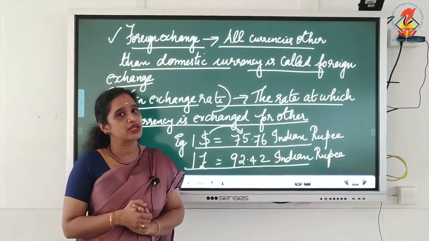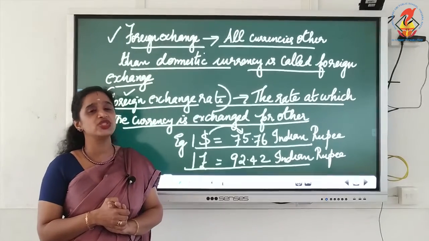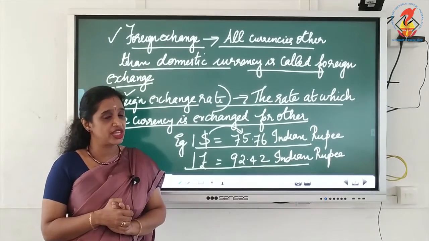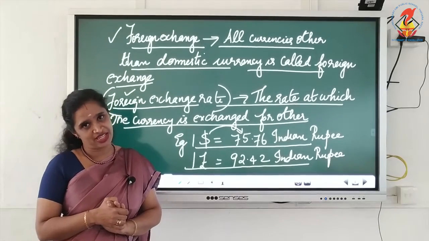So, I hope it is clear to you what is the relation between balance of payment and foreign exchange, and what is meant by foreign exchange rate and the foreign exchange market.